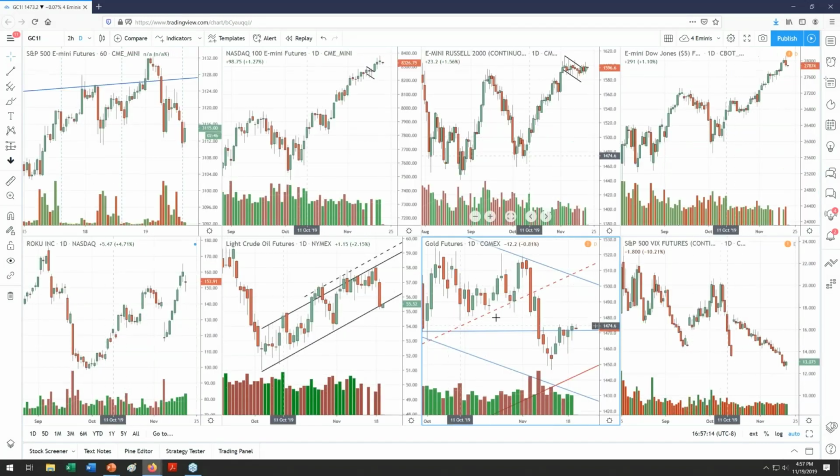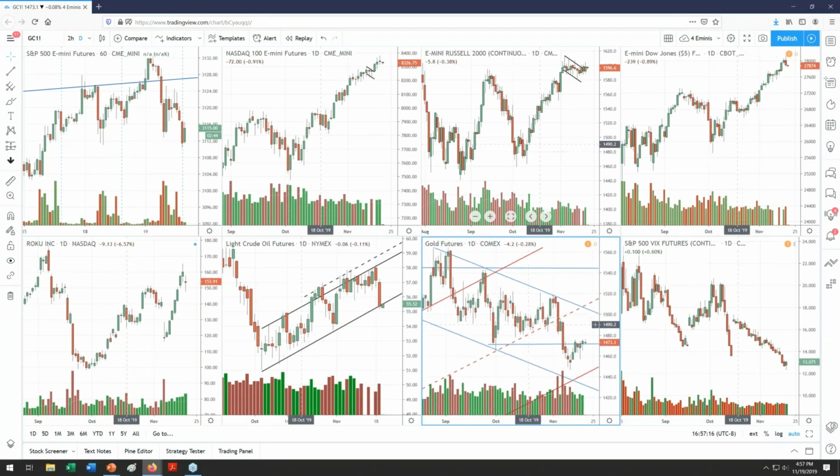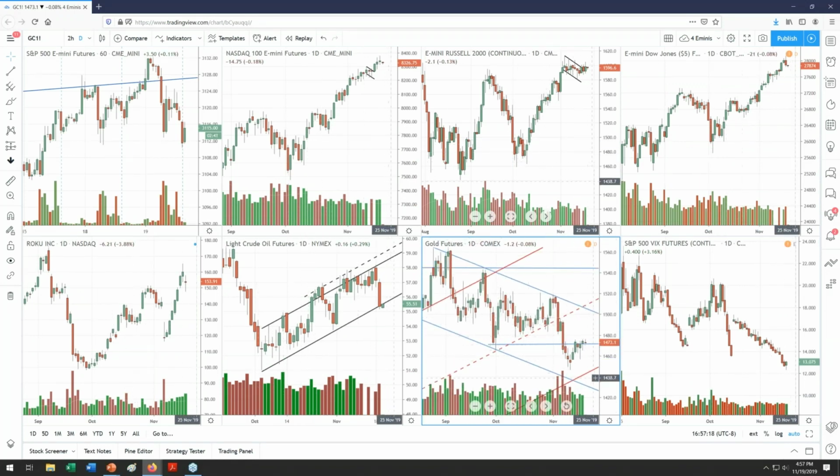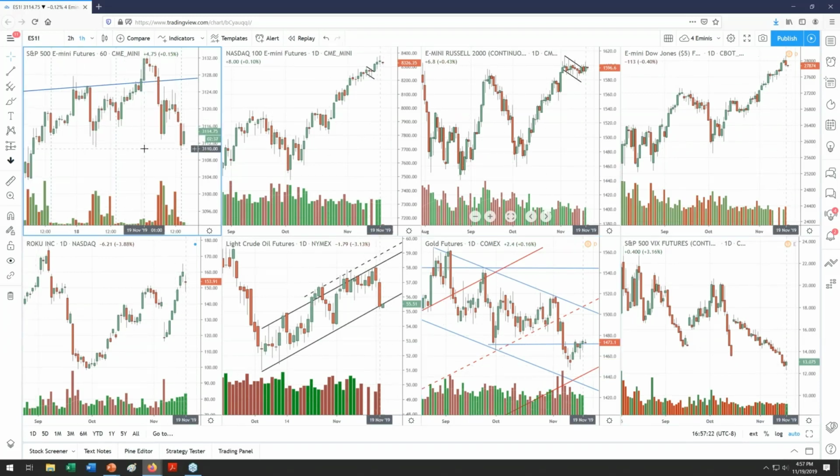So gold could be attractive here, but not necessarily done with the short-term correction. So we kind of have this picture where oil leads the market, suggesting that we could have that short-term reaction that we were waiting for.